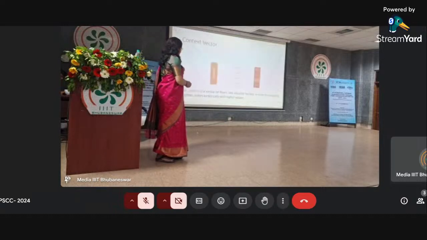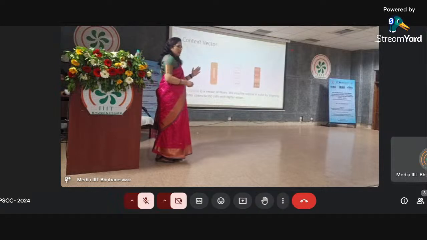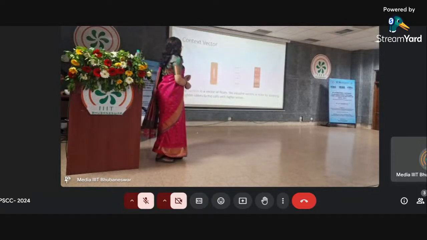It's a vector which has different weights. These weights represent how relevant my first word in the sentence is to my current word, how relevant the second word in the sentence is to my current word, and so on. It calculates the relevance, or the context, of all the other words in the sentence to this specific word.